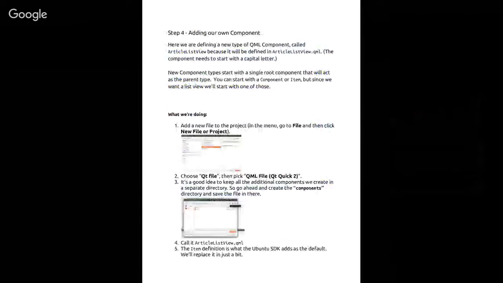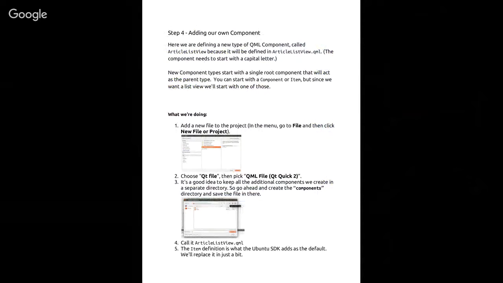Right, so next step, as a measure of good practice, making a project modular and easy enough to edit in the long run. It's always a good idea to make your own components, which is in fact not that hard with QML.